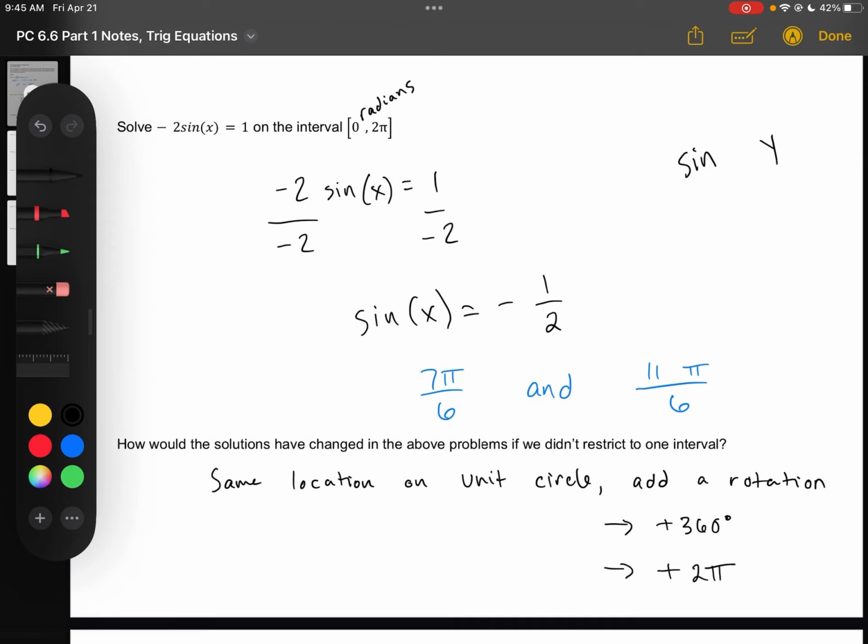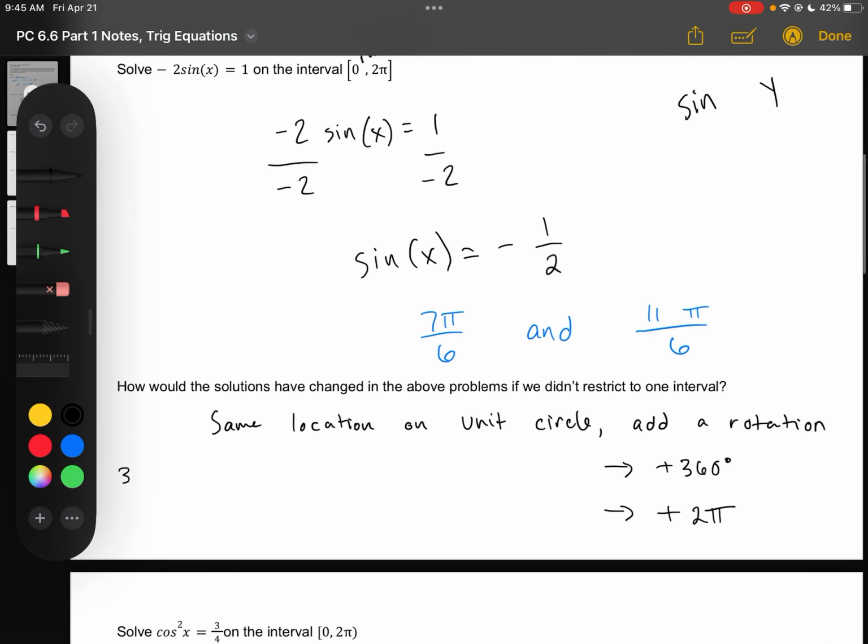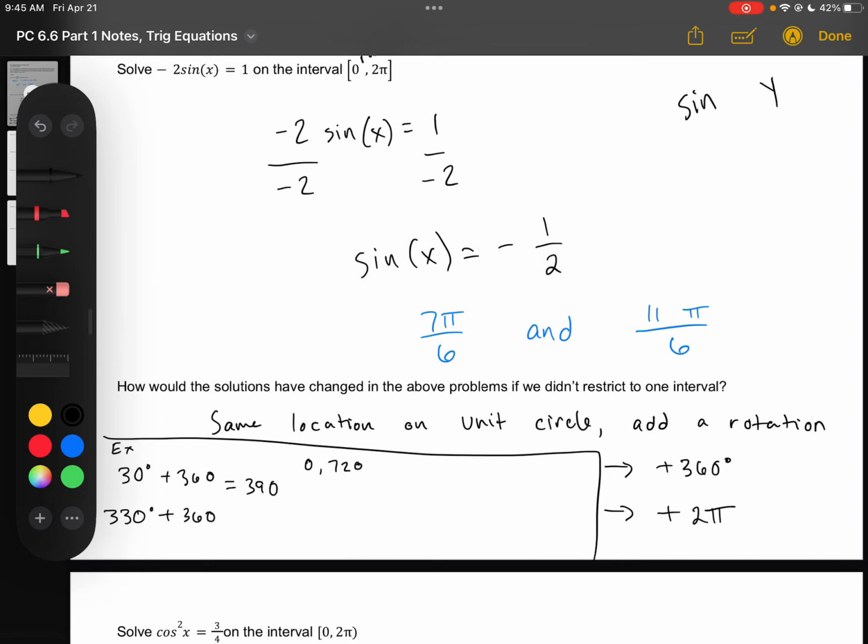So let's say, for example, our first question had values of 30 and 330. If we wanted to know where they would lie, if we went from an interval of 0 to 720, so as 2 rotations, we would just add 360 to each value, and we would get an answer of 390.